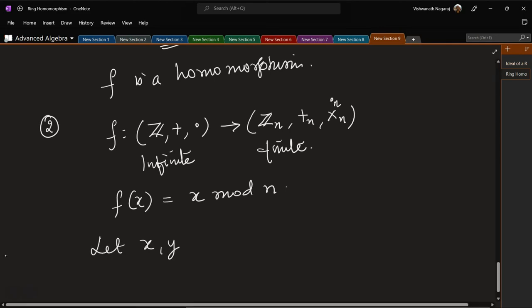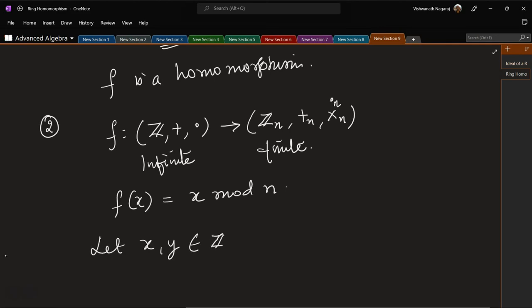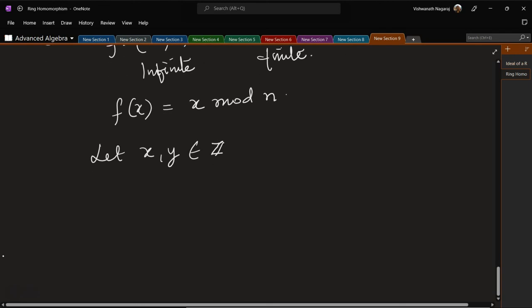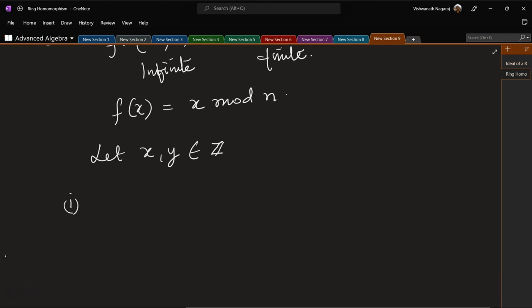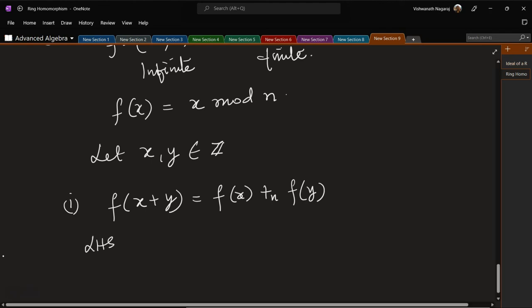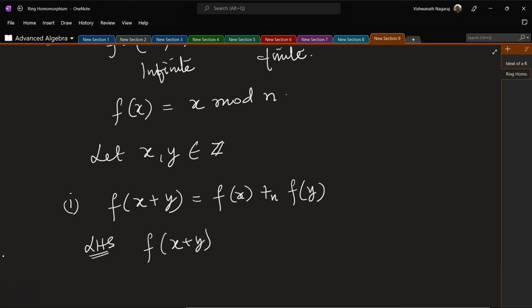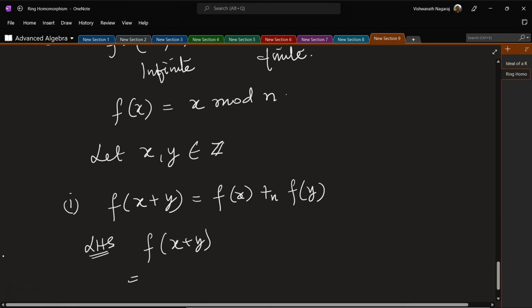So let x, y belong to Z, the ring of integers. Now the first condition says that f of x plus y should be equal to f of x addition modulo n f of y. Let's begin again with the LHS. f of x plus y is equal to x plus y modulo n.